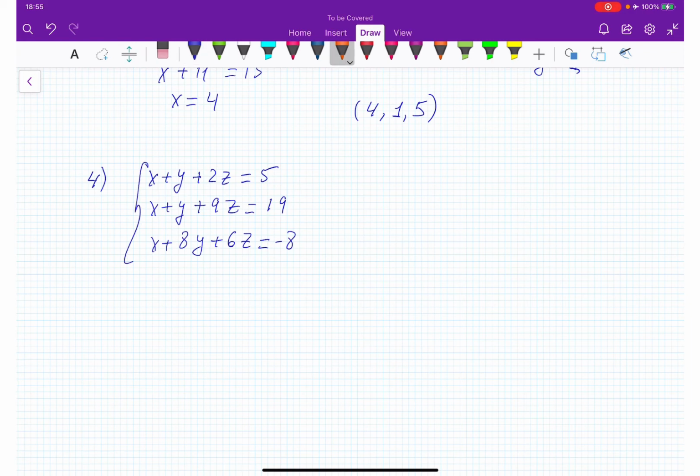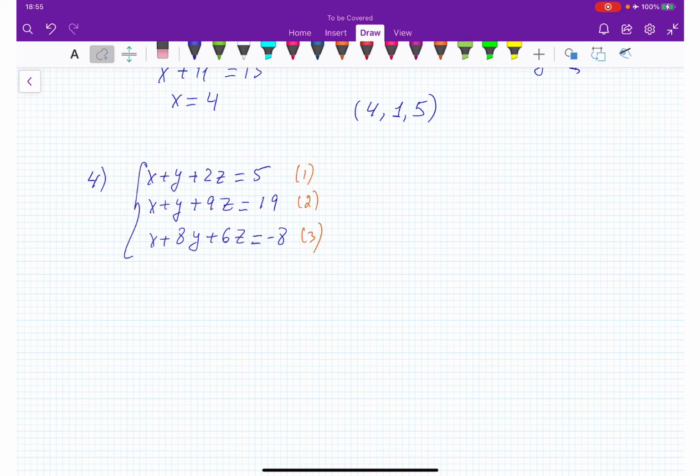Okay, which first two am I choosing? 1, 2, 3. Well, I give you a minute to figure out which two you would use.